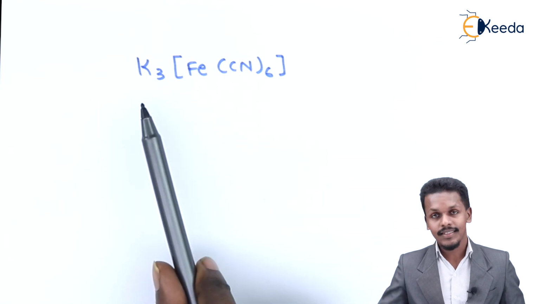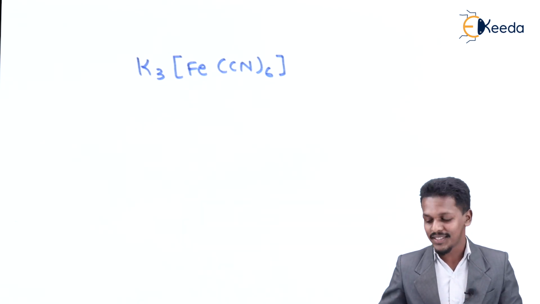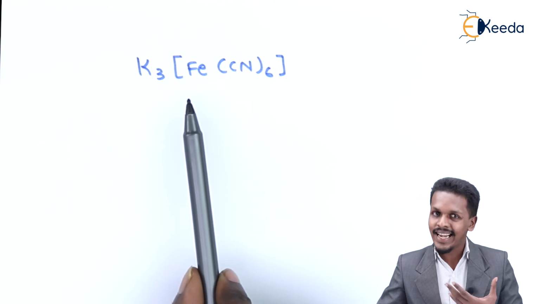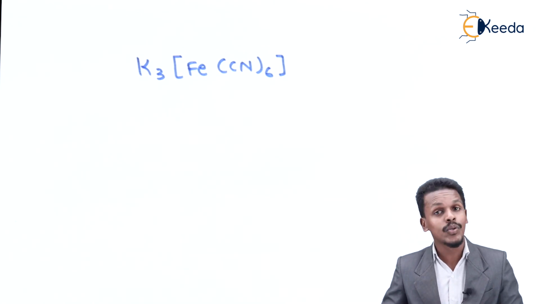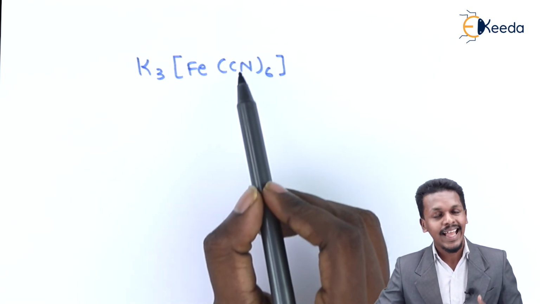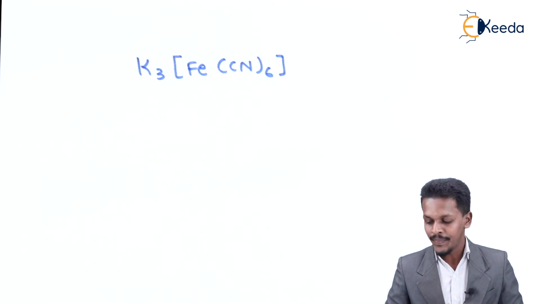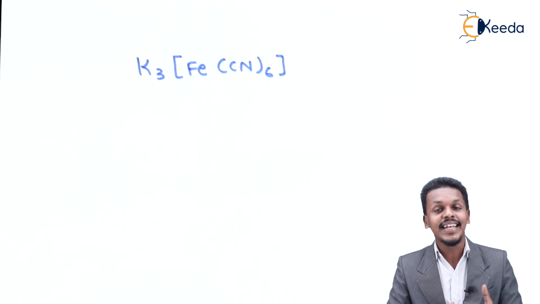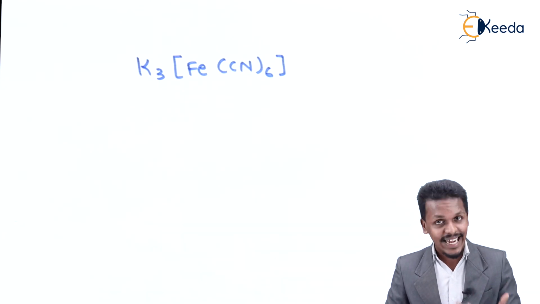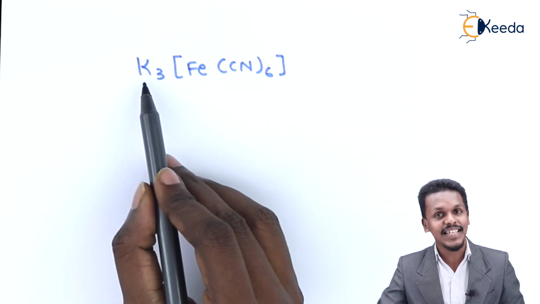But this is an anionic complex, because whenever this complex dissociates, it will dissociate into 3 moles of potassium, that is K+ ion, and this will be the anionic complex that we could get. So here basically we have to provide the name of the cation first, and in that case it is potassium.